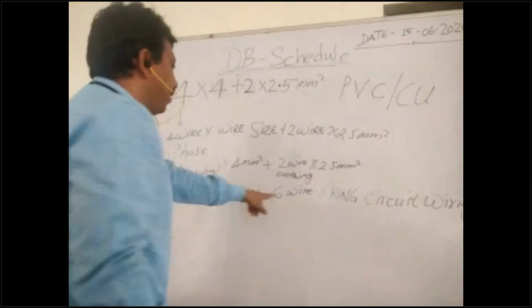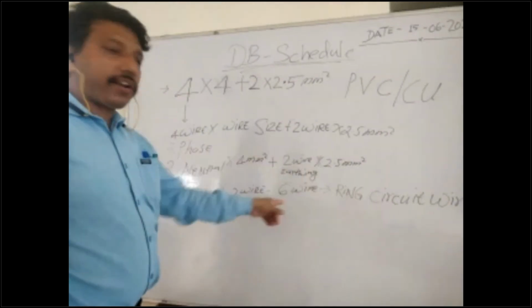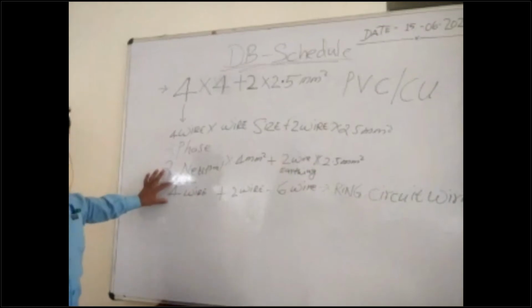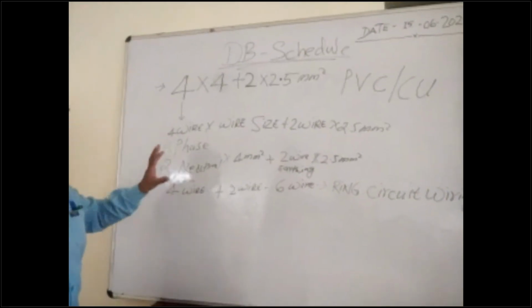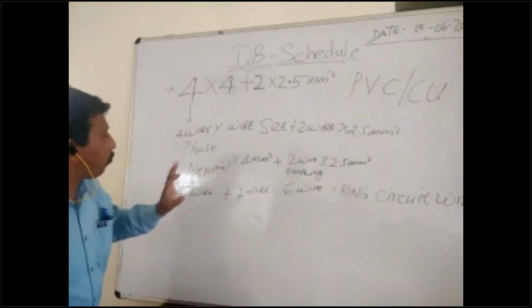Okay, 6 wires come at ring circuit wiring time. So in a circuit, at power socket outlet wiring time, we can use 6 wires.